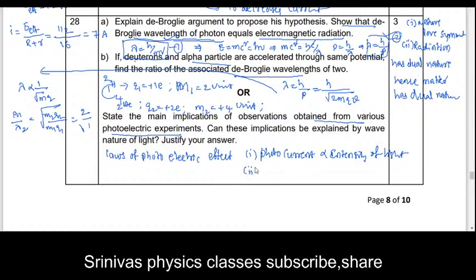And the second law is that stopping potential depends upon the frequency of incident light. V naught formula we know, h by e.